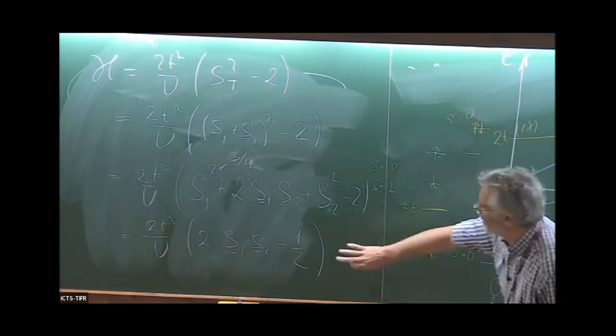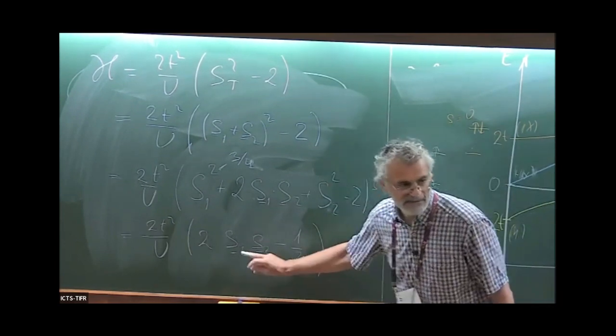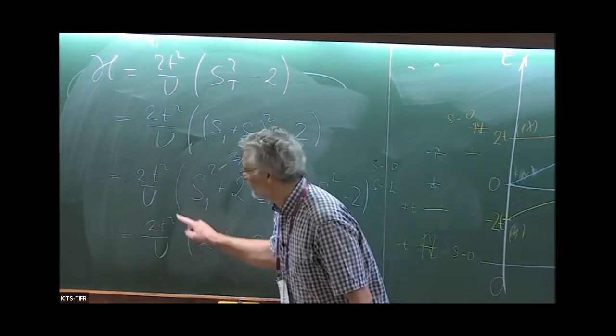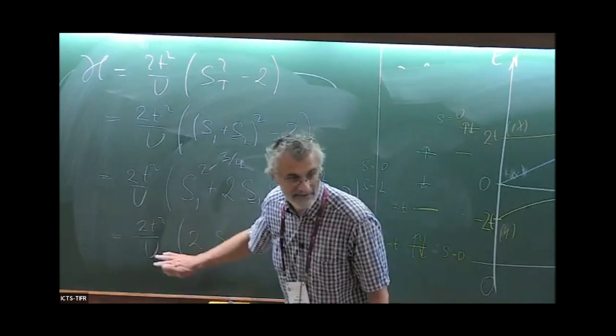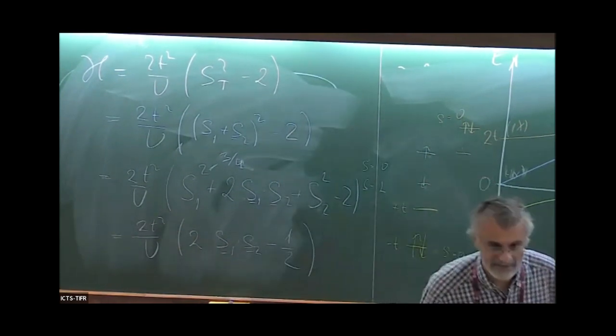So this is the effective interaction written using the spin operators on side 1 and side 2. So what we learn, and one can calculate what are these numbers here, we have electron volts and we have electron volts. So this can be very large. This can be an electron volt, and 1 electron volt is 10,000 Kelvin.